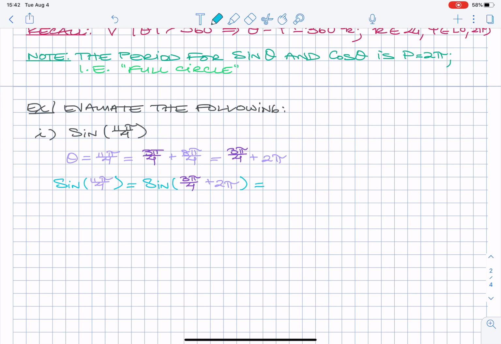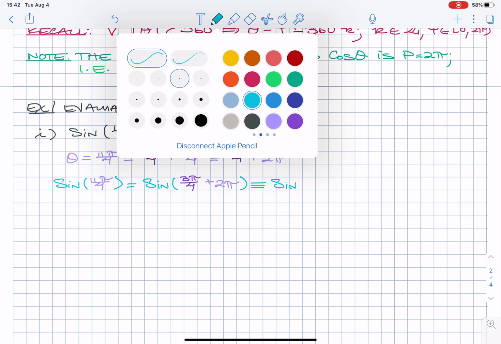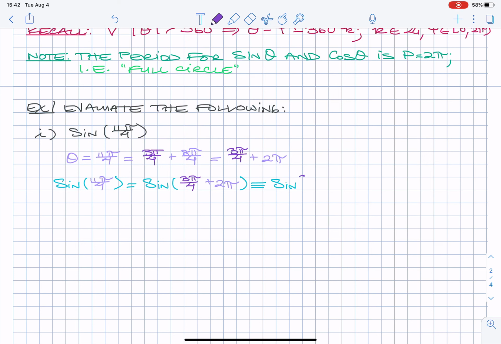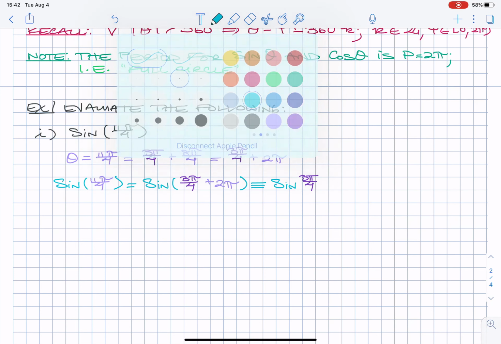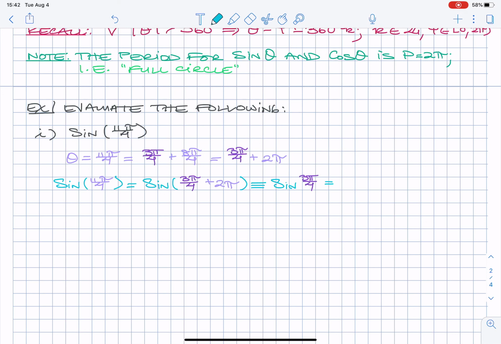What am I going to ignore? I'm going to ignore the 2 pi, right? So I claim that this is equivalent to sine of 3 pi over 4. On the unit circle, that, of course, is a 45-degree reference angle in quadrant 2. Sine is a y-coordinate, so it's root 2 over 2.